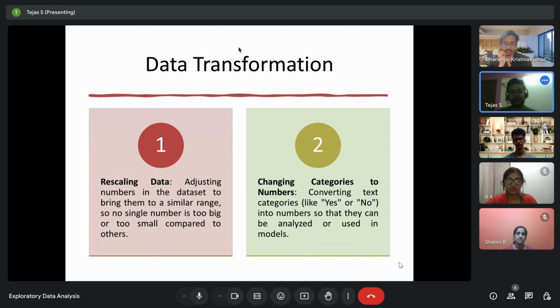Coming to the next step, we have data transformation. So in this we have rescaling data, like adjusting numbers in the data set to bring them to a similar range so that no single number is too big or too small compared to others.